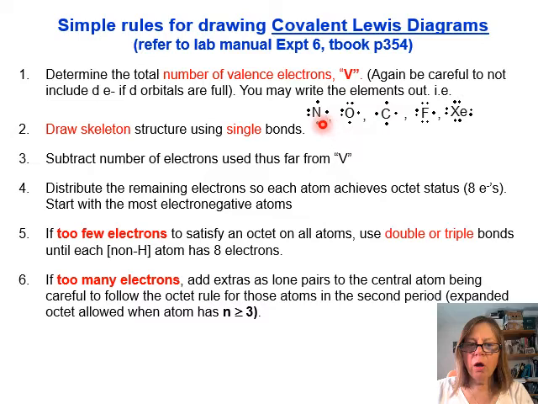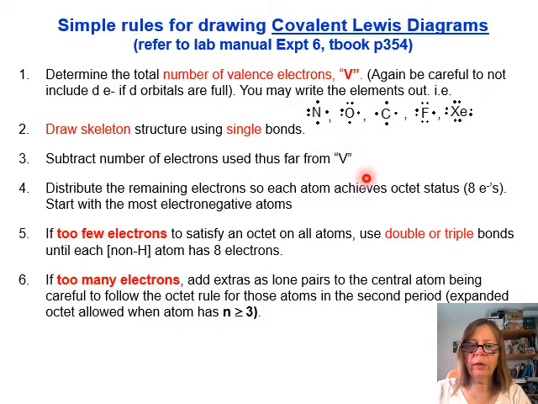Then we draw a skeleton structure using single bonds. Each bond takes 2 electrons. We count the electrons in those bonds and we subtract the electrons that we've just used from the total number of valence electrons.